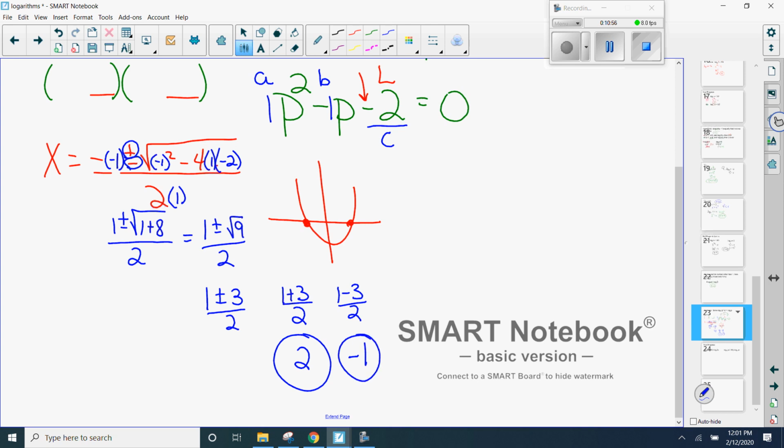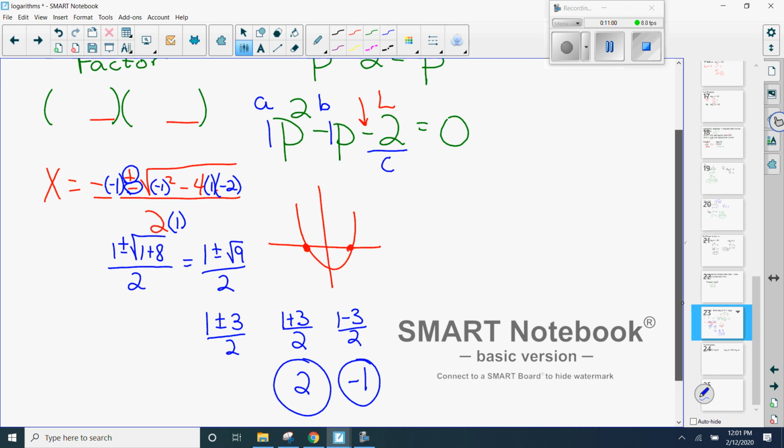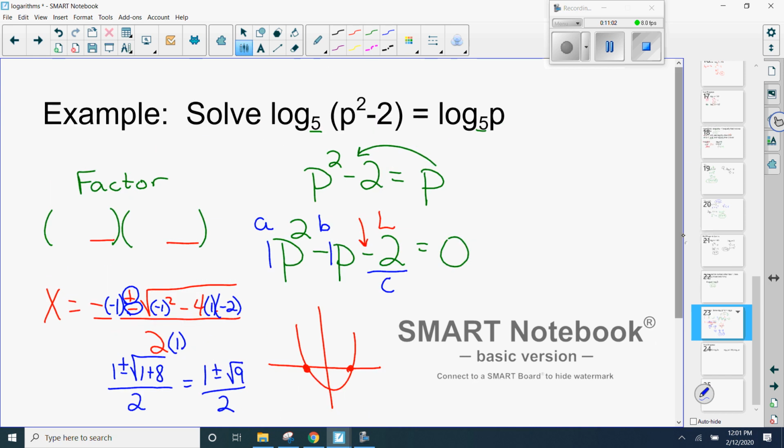So if I come back up to this equation that Trista had, she's saying your answer is 2 right here. She's saying P is equal to 2. But what about the value of negative 1? What's negative 1 squared? 1 minus 2 is what? Negative 1. Is that a solution?